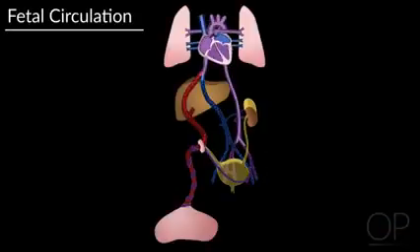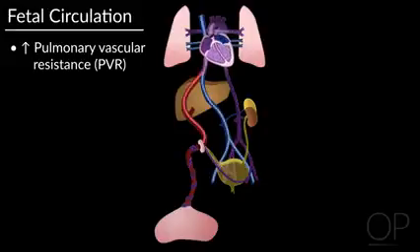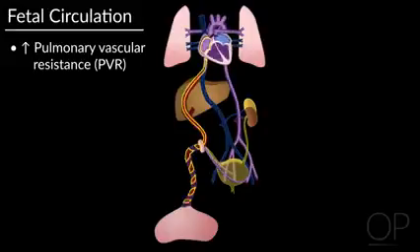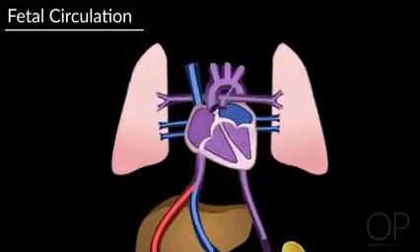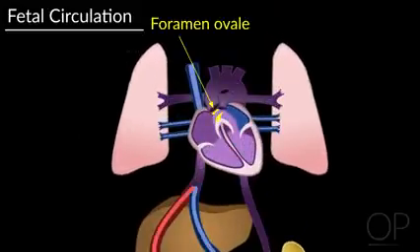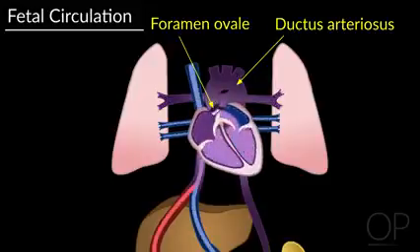During fetal life, pulmonary vascular resistance is high, and most of the oxygenated blood coming from the placenta to the right atrium is diverted towards the foramen ovale and the ductus arteriosus into the systemic circulation.